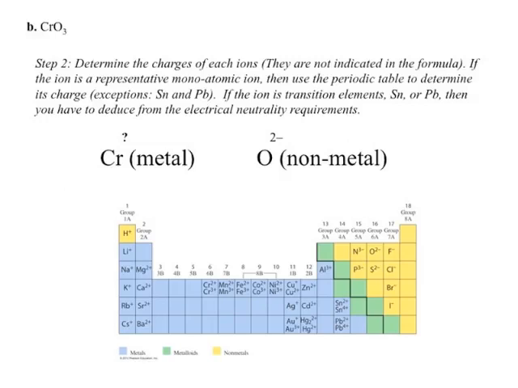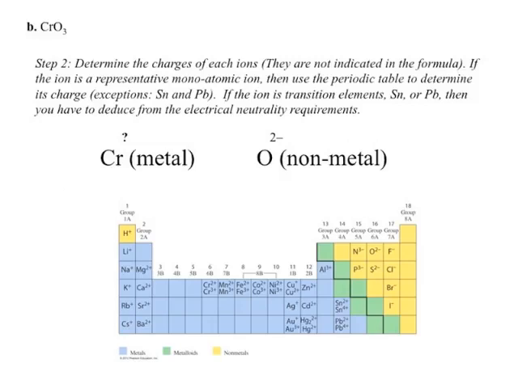The problem is, what is the charge of each ion? Well, for oxygen, you know what the ion's charge is because of the periodic table. Oxygen belongs to group 6A. Group 6A non-metals always gain 2 electrons and become 2- charge. Therefore, the charge of oxygen should be O2-.